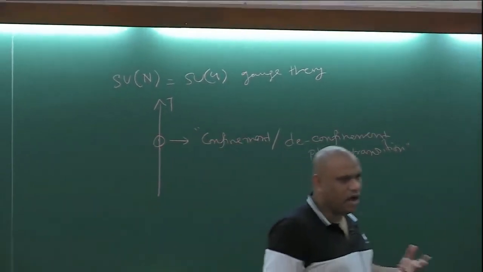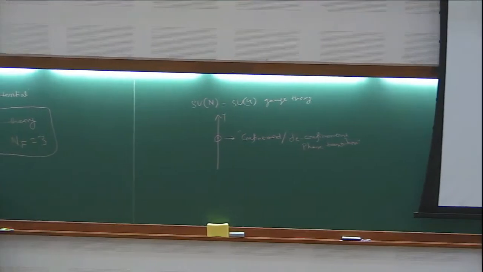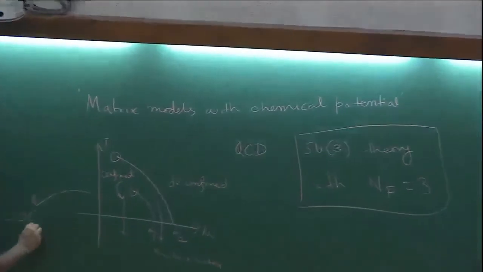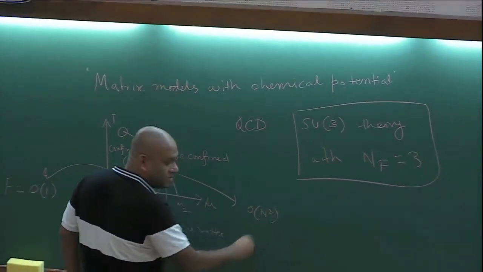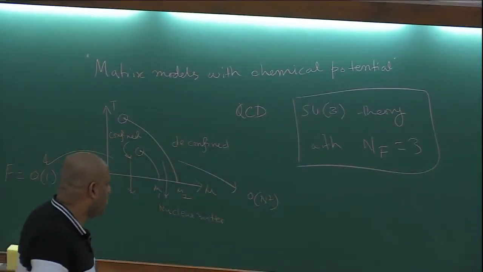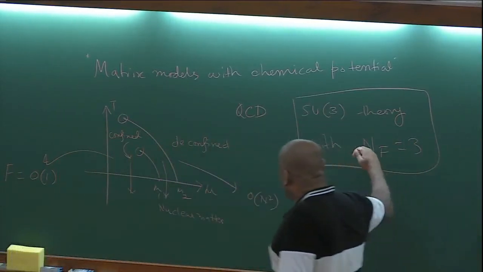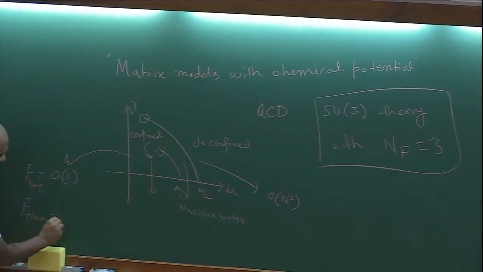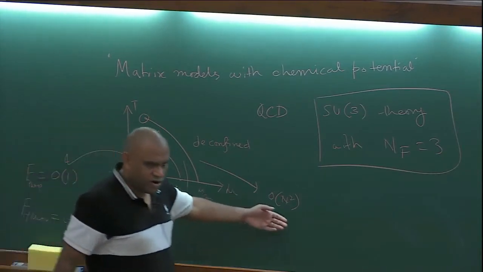There is a rough, large N way of understanding it. Generally, in a large N gauge theory, the free energy in the confined phase is of order 1, and in the deconfined phase of order N squared, where N is the number of degrees of freedom. This is for the pure theory, but once you have flavors, the confined phase free energy is roughly of order NF squared, and the deconfined free energy remains order N squared plus something.